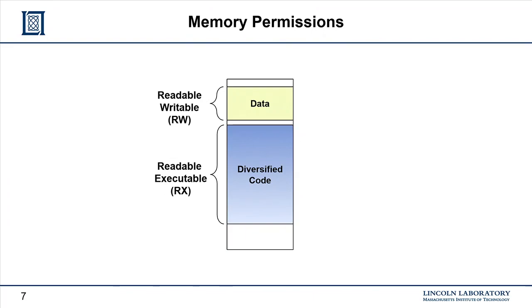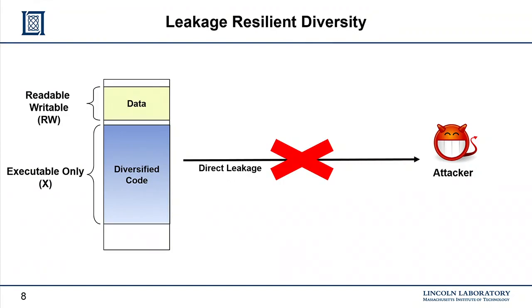An observation made by a class of leakage-resilient diversity techniques is that we don't really need the code to be readable. If we make the code executable only, we can prevent direct leakage of information. So in this case, the code is marked as executable only. The data region is still readable and writable. And because of that, these techniques can prevent direct leakage of diversified code to an attacker. So this would prevent a typical buffer overread vulnerability.